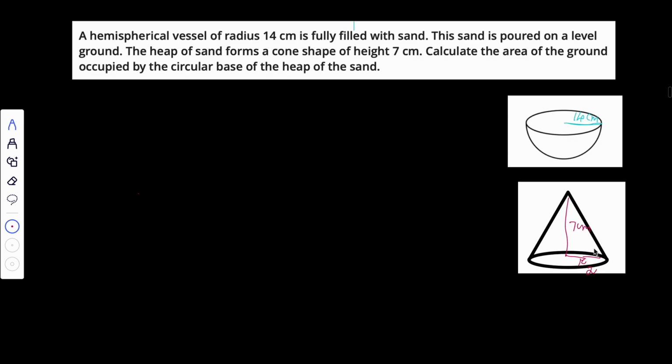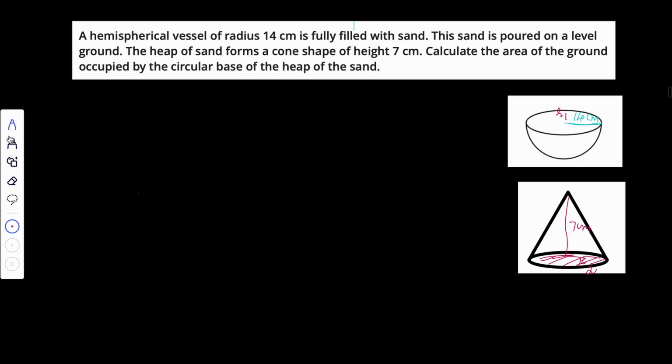I'll take this as R2, and the hemisphere's radius I'll take as R1. Now the question says this hemispherical vessel has sand, and that is poured on the ground in the form of a cone. The height of the cone is 7 centimeter. Now what is the area of the base? You know the base is circular in shape, so we want to find the area of this.